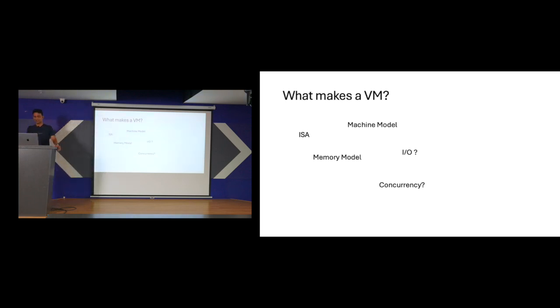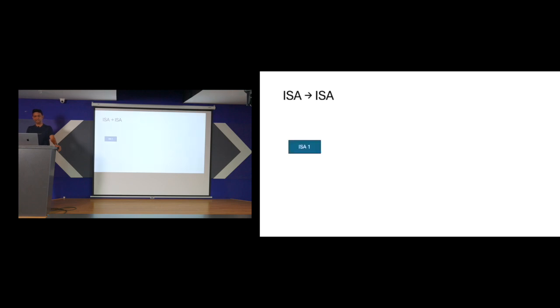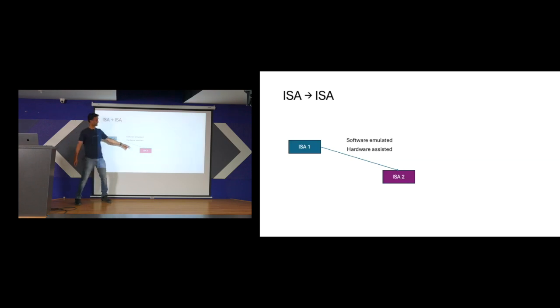Okay? So, ISA to ISA. This is what we normally see. ISA 1 could be your JVM bytecode, and the other could be your underlying machine's ISA. Your JVM is the one doing this conversion.